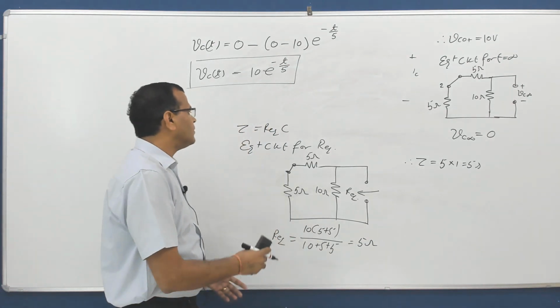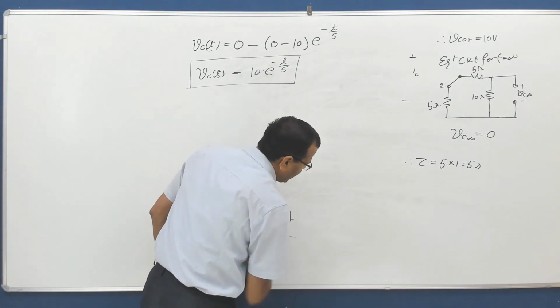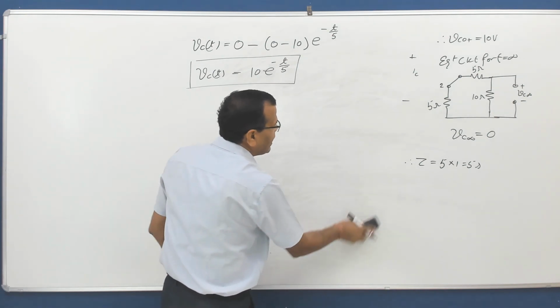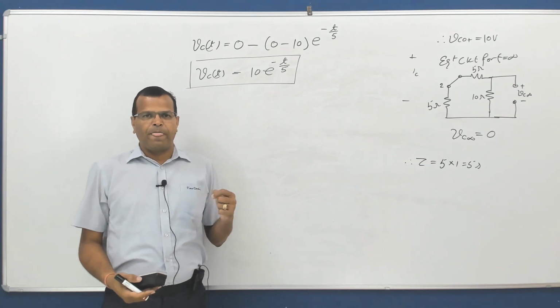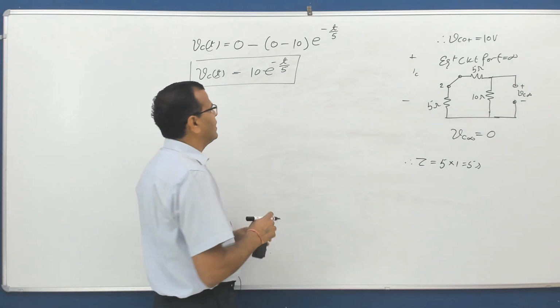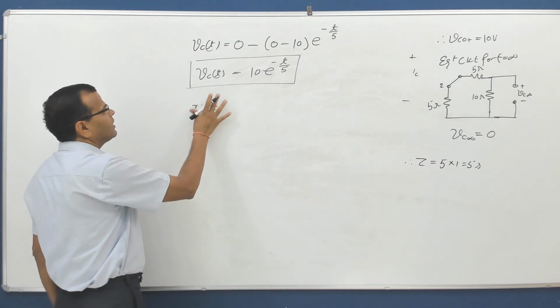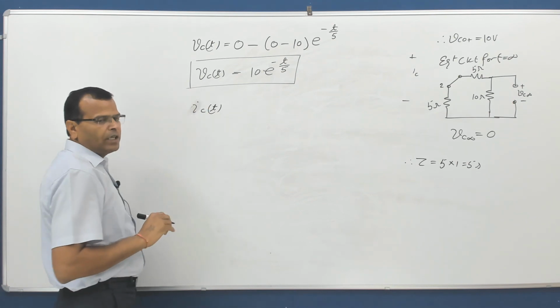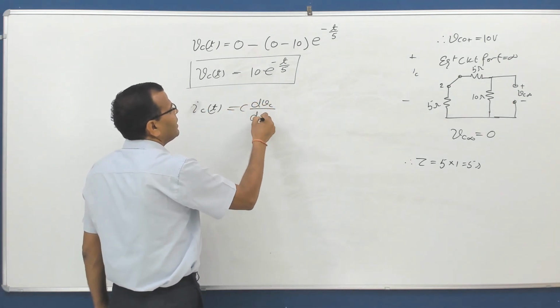Similarly, you can find the different voltages and currents in the circuit. For example, suppose you have to find the current through the capacitor in the circuit. So Ic(t), that is the current through the capacitor, is equal to what? C dVc by dt.